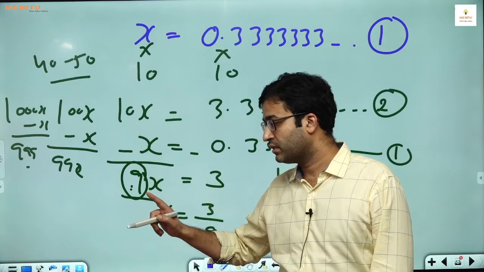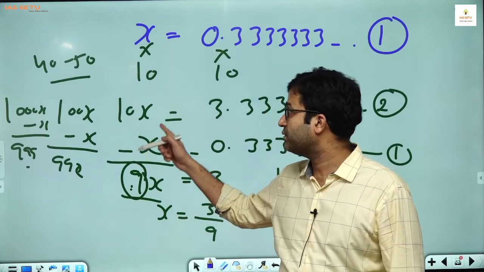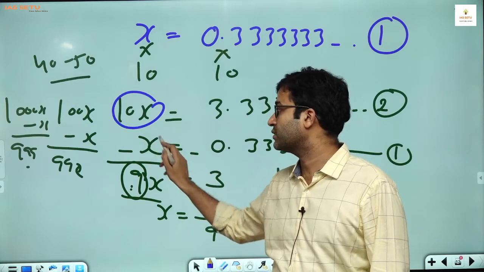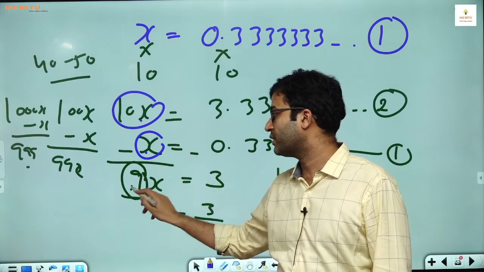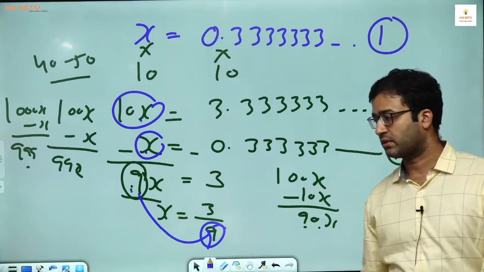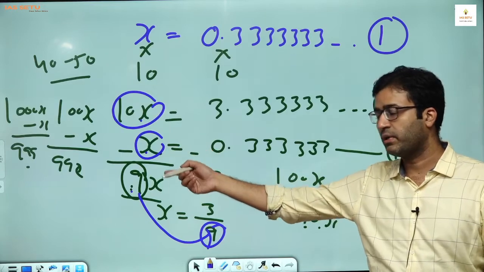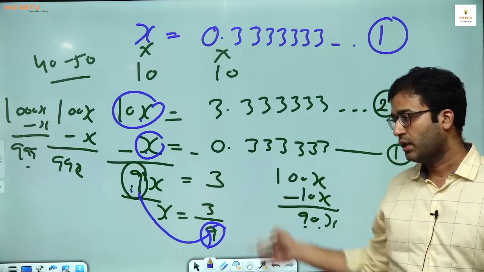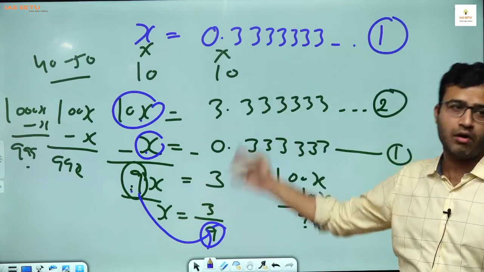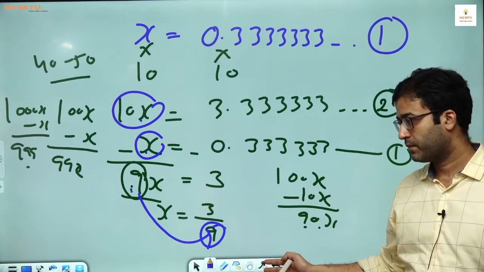When I have taken the long cut 10x, this is x. So 10x minus x is 9x. This 9 will go to the other side, so that's why it is coming as 9. If it is 100x minus x, it is 99. So double 9 will come, triple 9 will come. If you want me to take the long cut, I don't have extra time. Okay.